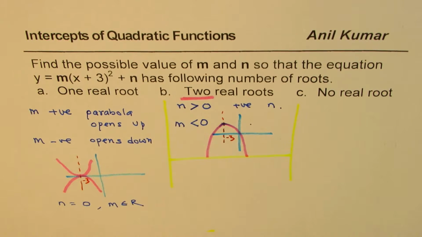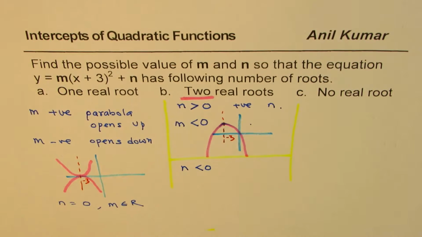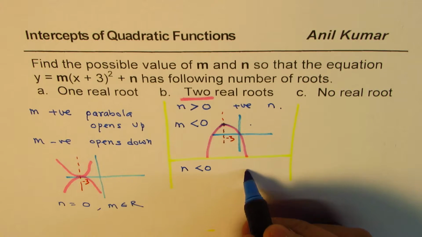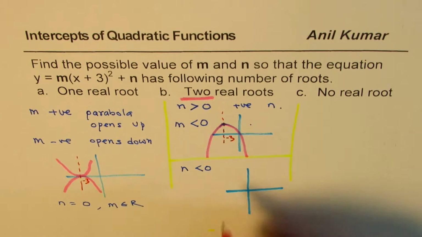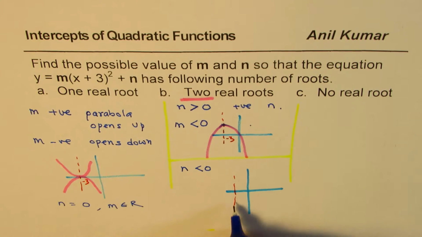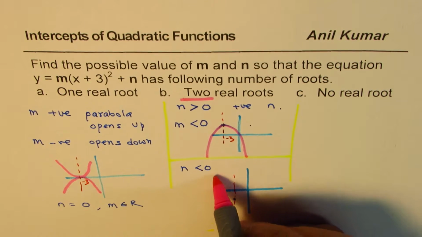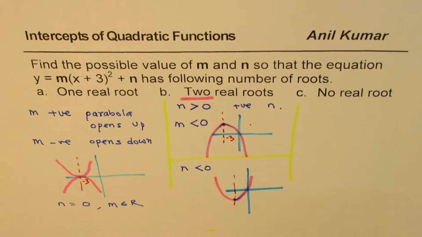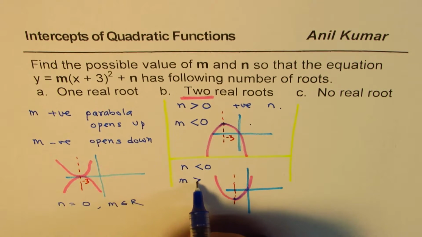The other case is that n is less than 0. If n is less than 0, the scenario for us is kind of like this, with n somewhere there, less than 0. Now the parabola should open upwards, kind of like this. For the parabola to open up, m should be greater than 0.